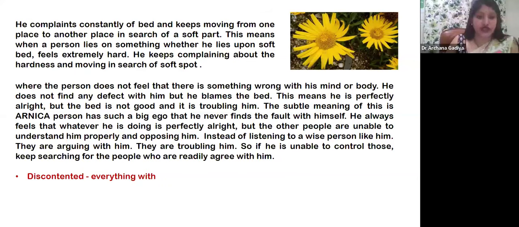He always feels that whatever he is doing is perfectly all right, but the other persons are unable to understand him properly and they are opposing him. Instead of listening to a wise person like him, they are arguing with him. They are troubling him. So he is unable to control those people and he keeps searching for soft people, who agree with him, who listen to him, and whom he can dominate and dictate. That's why we have a rubric in Arnica, discontented with everything.